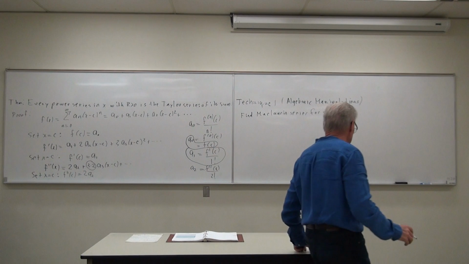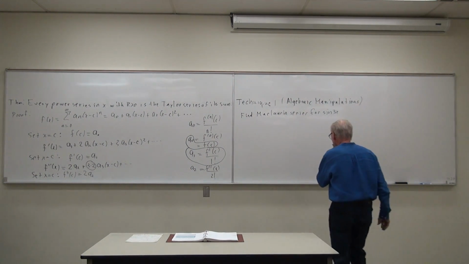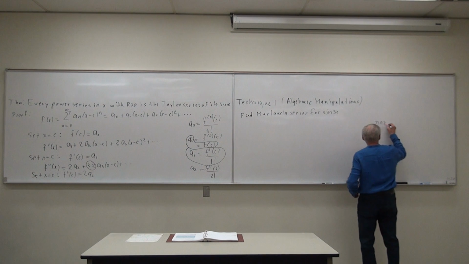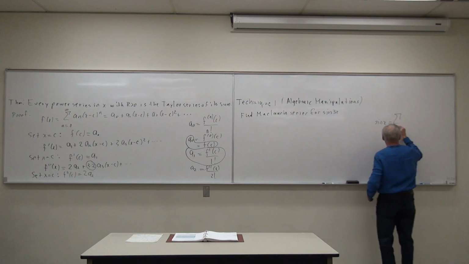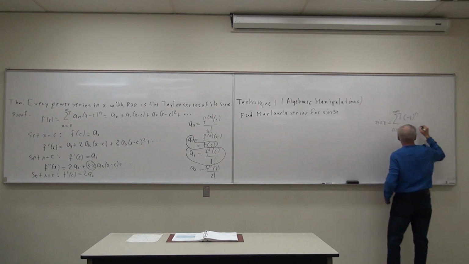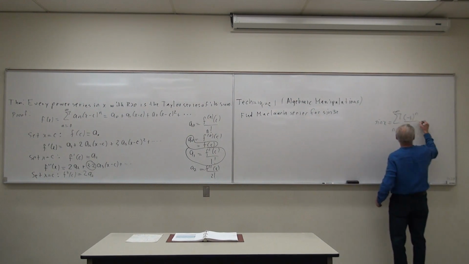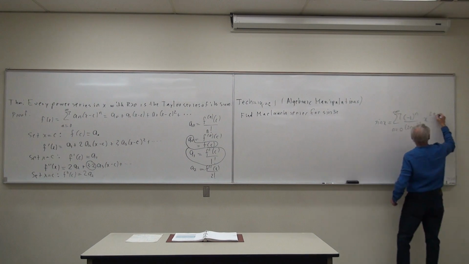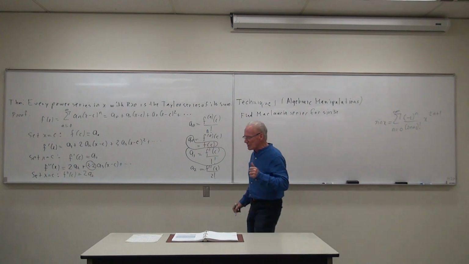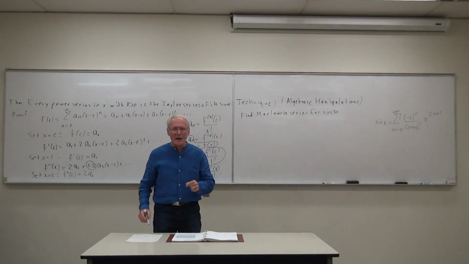So I look at this thing and I say to myself, hey, I happen to know the Maclaurin series for sine x. It was on the board the other day. Summation n equals 0 to infinity of (minus 1) to the n over (2n plus 1) factorial, x to the 2n plus 1. And I know that that series converges for all x.